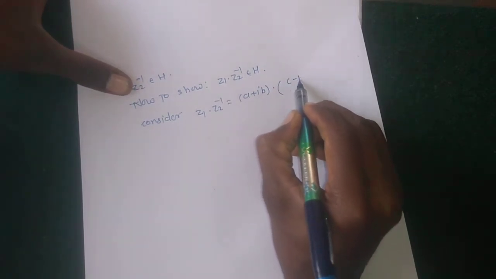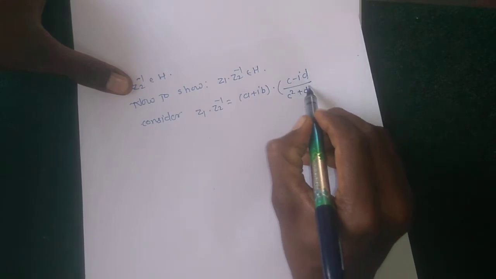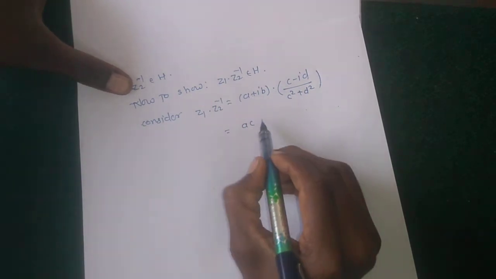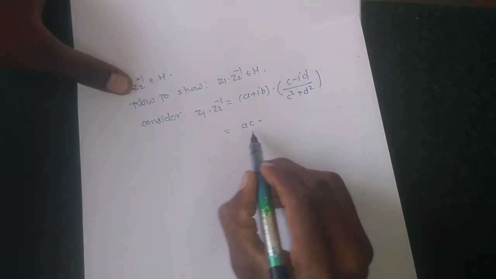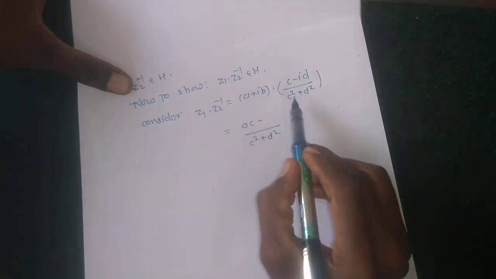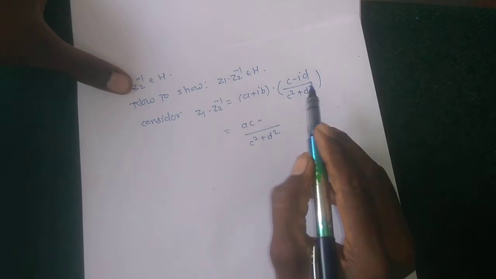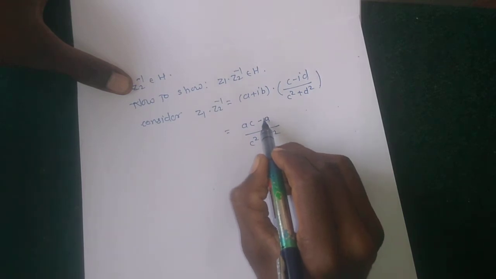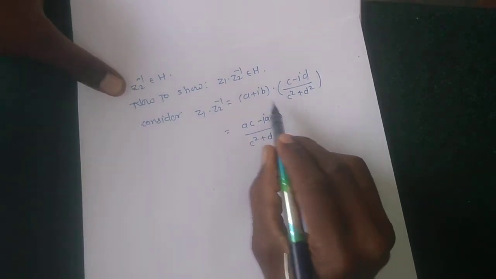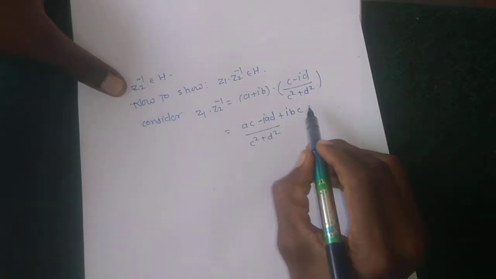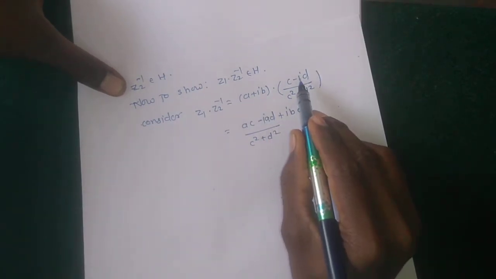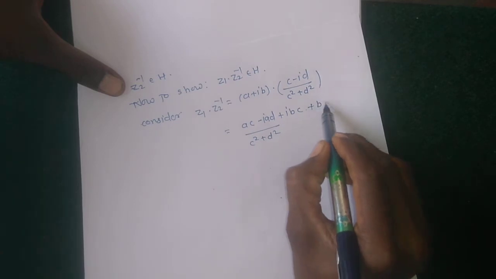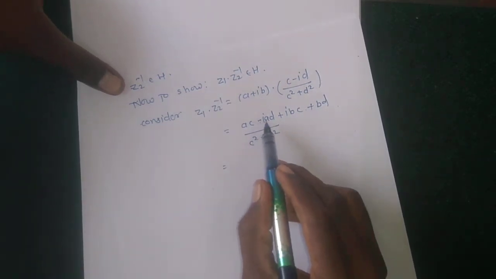The value of Z2 inverse is C minus iD divided by C square plus D square, and then their multiplication is AC minus... divided by C square plus D square as it is, and the multiplication of A plus iB into C minus iD is A into C, AC minus A into iD plus iBC, and i into i square value minus 1, minus gets plus, and B into D, and we get, separating real part and imaginary part separately.